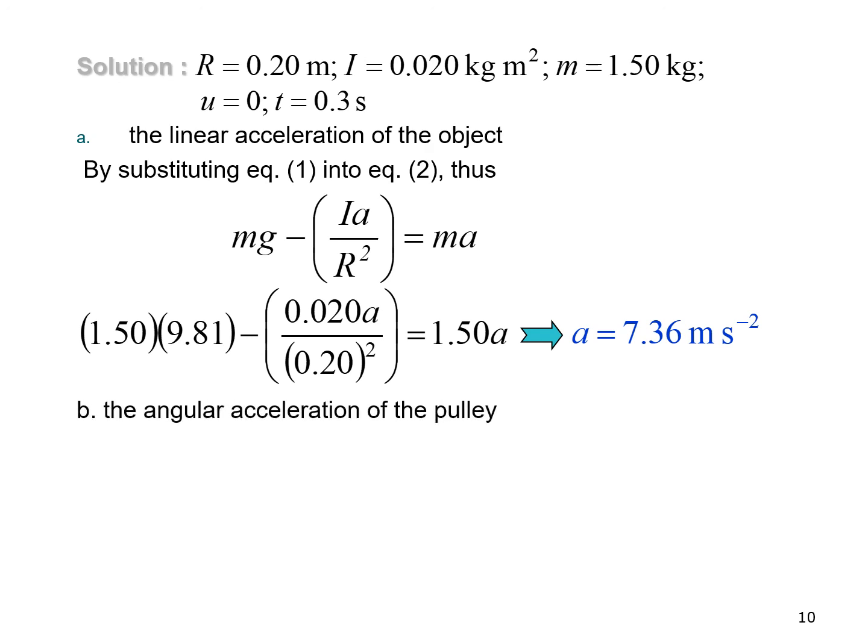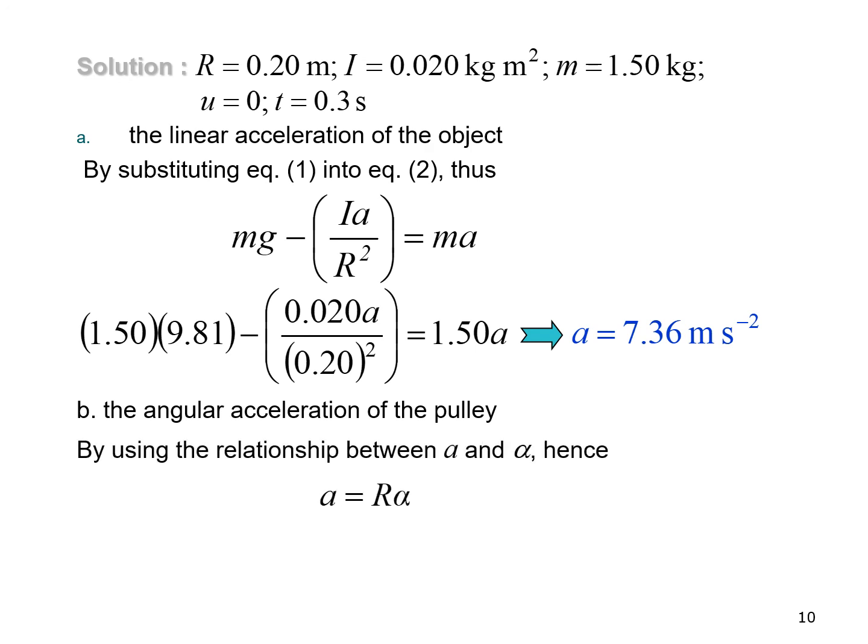What we can do is straight away convert linear into angular acceleration, by using the relationship a is equivalent to r times alpha. Linear we have, radius we have, so determine the value of the angular acceleration. We will end up with 36.8 radian per second square.